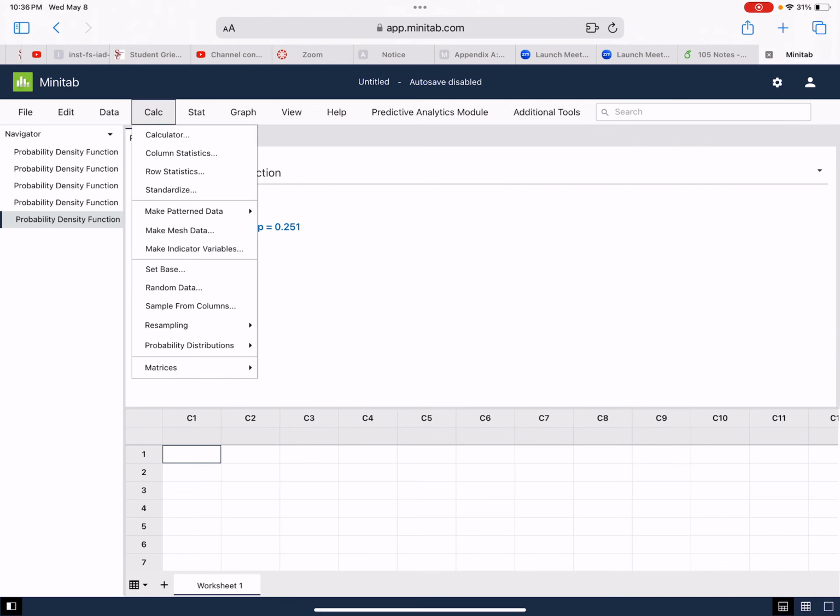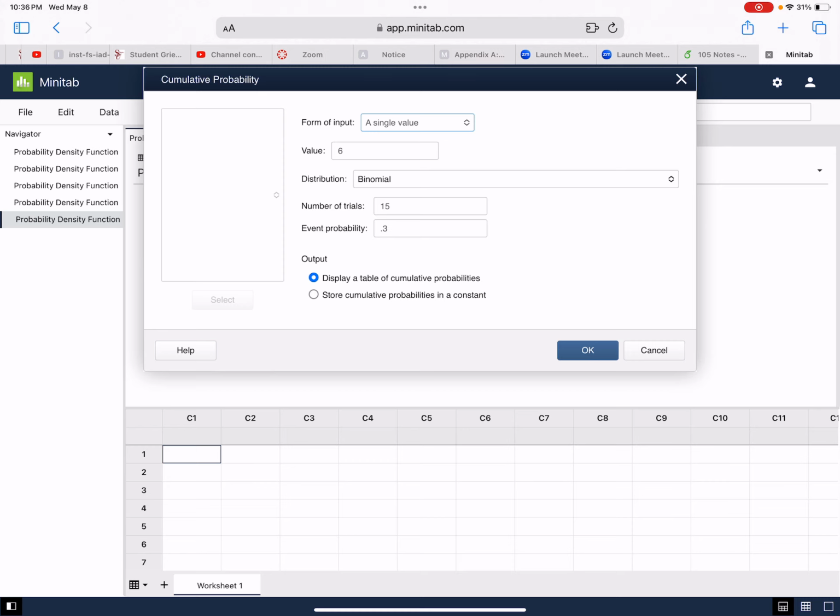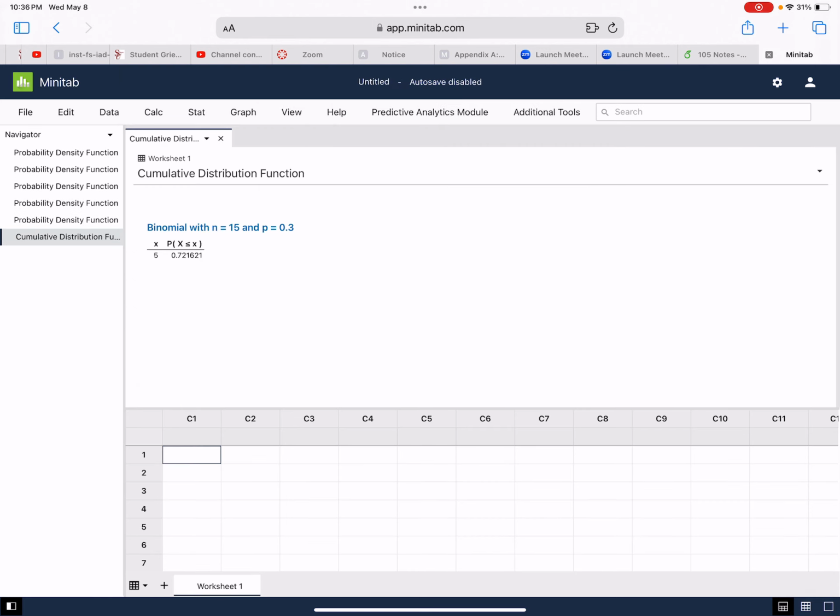and do calc, probability distributions, cumulative distribution function. All right, value is 6. Make sure the distribution is set at binomial. Number of trials is 15. Event probability is 0.3. Oh, wait, no, actually, sorry. We want this value to be 5. Right?